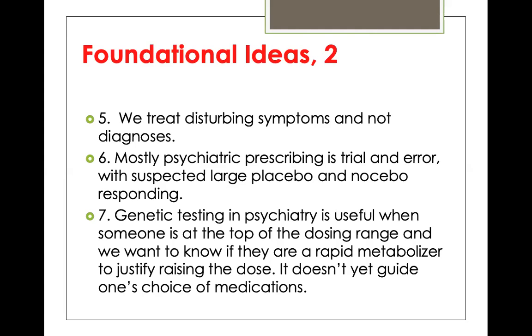It only tells you if the patient is a rapid metabolizer or a slow metabolizer of that drug. It doesn't guide one's choice of medications. I only use it when someone is at the top of the dosing range, and I want to know if I can increase the dose beyond the maximum recommended dose provided by the manufacturer.